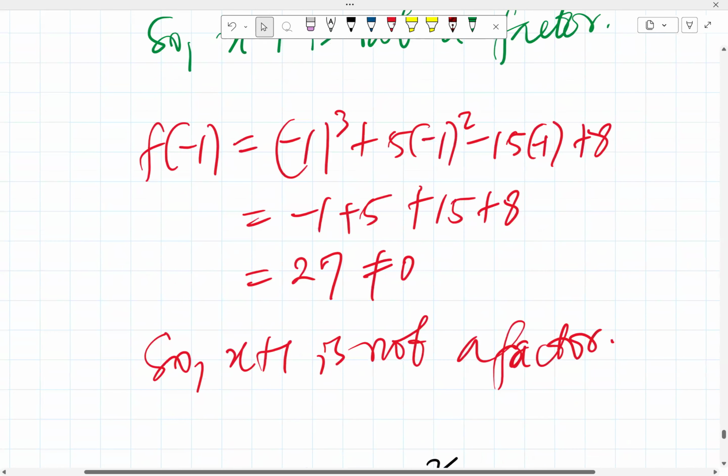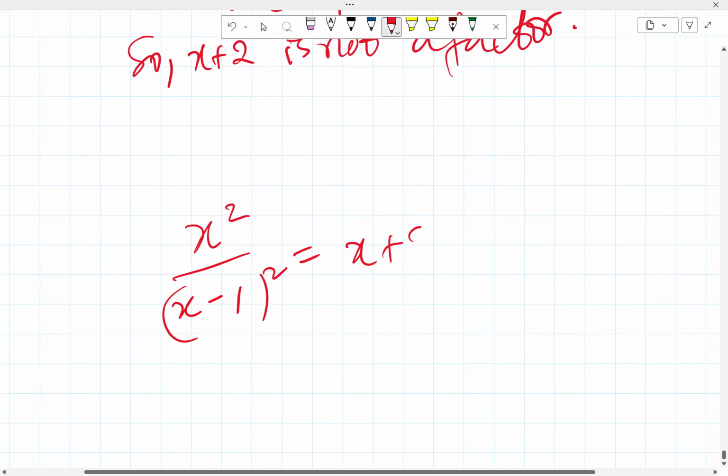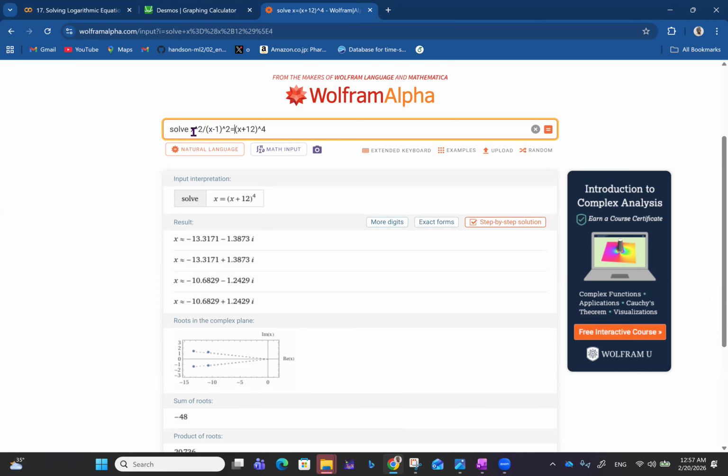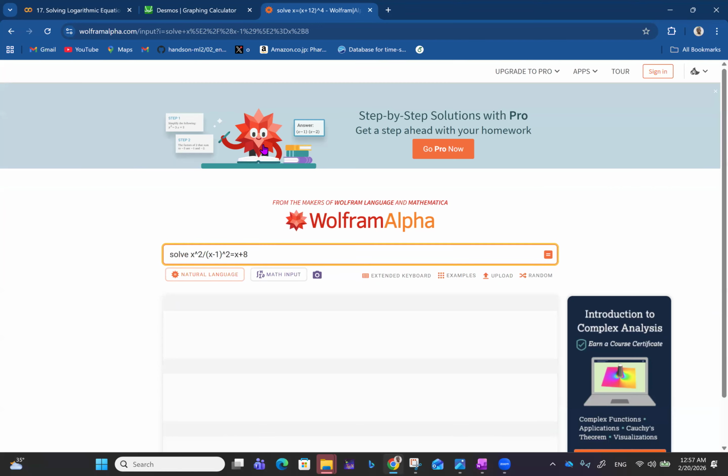I just put that in Wolfram Alpha and solve, because I suspect all the answers might be imaginary. Solve x squared over x minus 1 squared equals x plus 8.